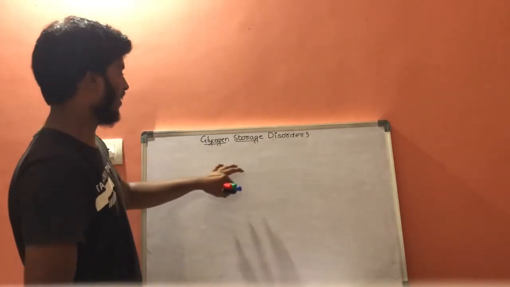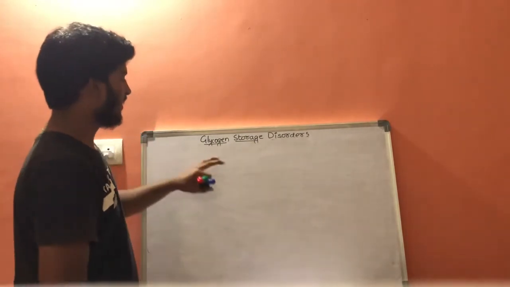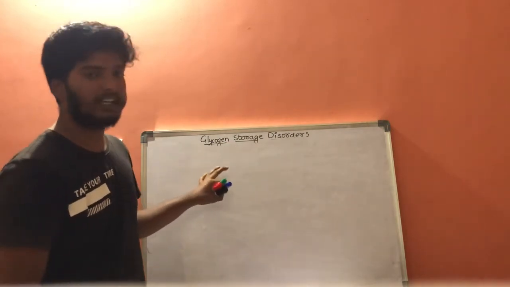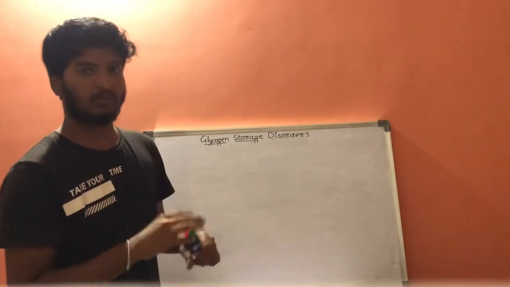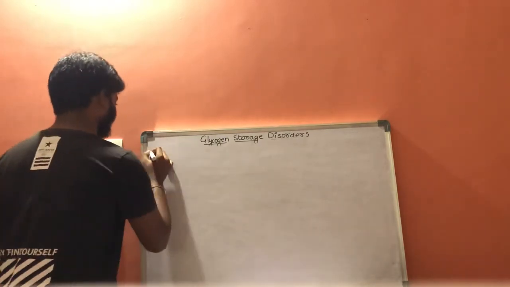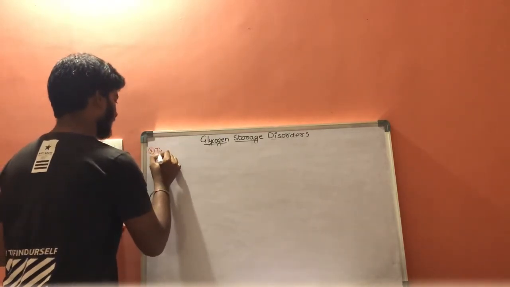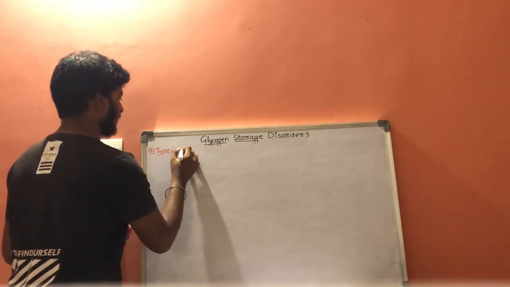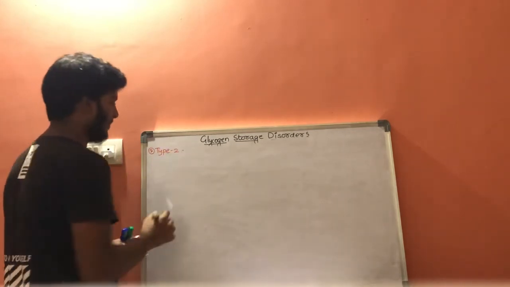Out of all the glycogen storage disorders, glycogen storage type 1 disorders are the lengthy ones and the most important ones, and type 2 disease is called Pompe's disease.